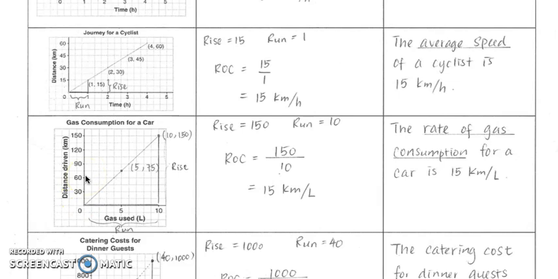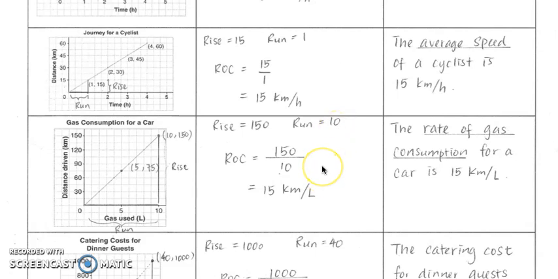Once this is clear, then you go, well, let's draw a reasonable diagram, a triangle. It looks like the last point here, 10 and 150, is quite easy to use. So from 0 to 150, the rise is 150. And the run from 0 to 10 is 10 units.